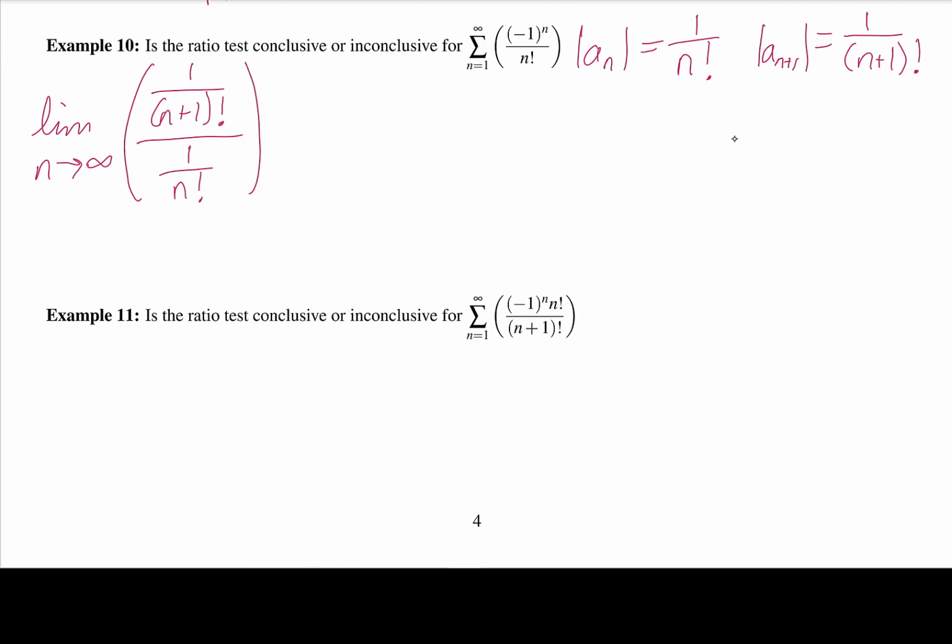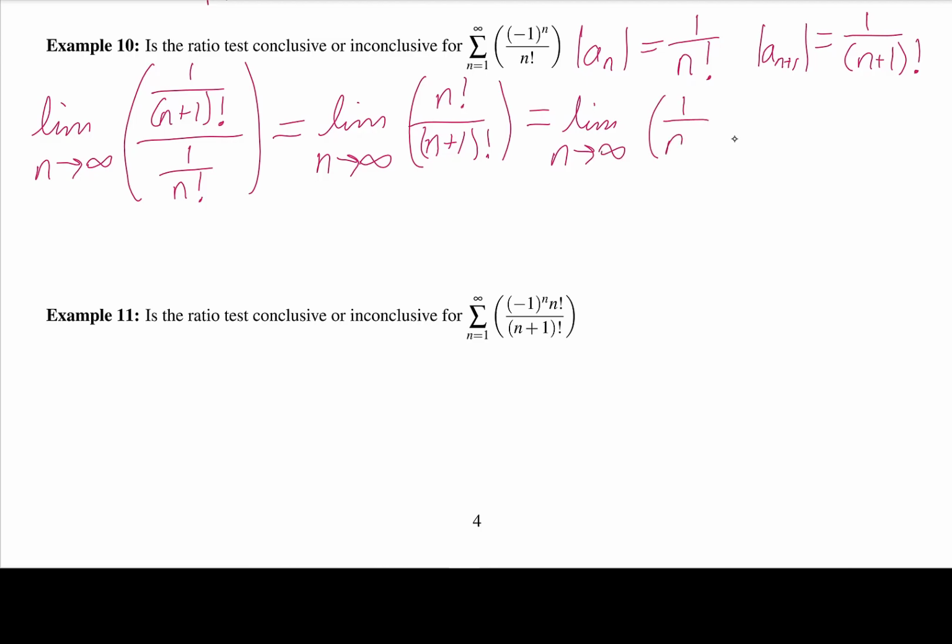So this is going to give me the limit as n goes to infinity of n factorial over n plus 1 factorial, which will give us the limit as n goes to infinity of 1 over n plus 1, which is going to be equal to 0. So we say that the ratio test is conclusive. And in fact, it tells us that this original series, if we proved that it was convergent to begin with, then we can say that this thing is absolutely convergent.